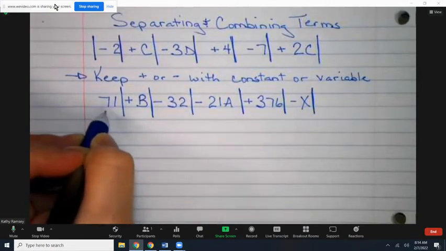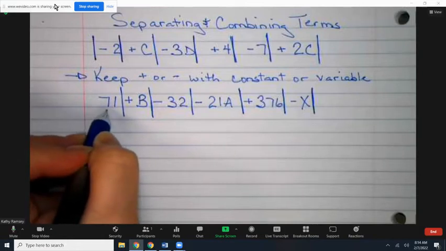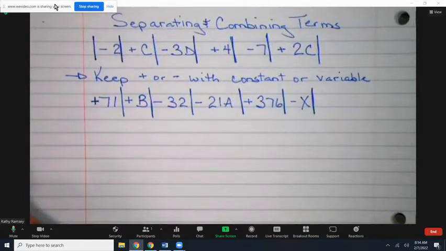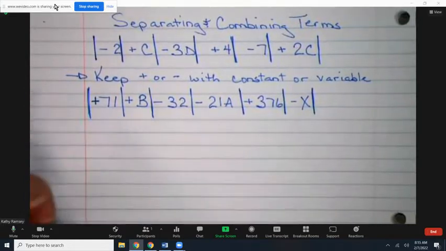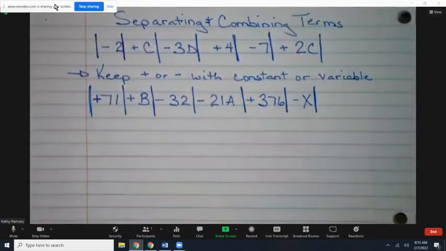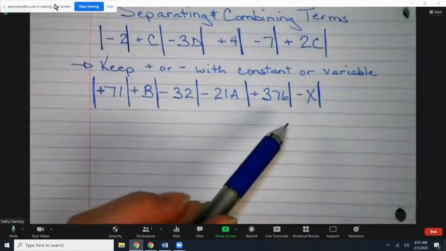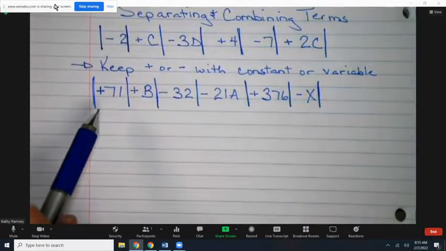Now, when we get to 71, we don't have a sign in front of it. What's that you say? Anything that's not specifically negative is positive? You are correct. So for our purposes, we're going to put a positive sign in front of 71. Okay, so here's all of our different things.